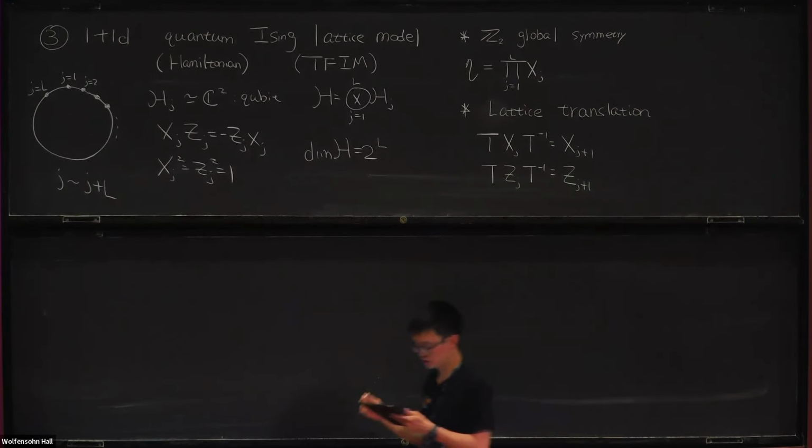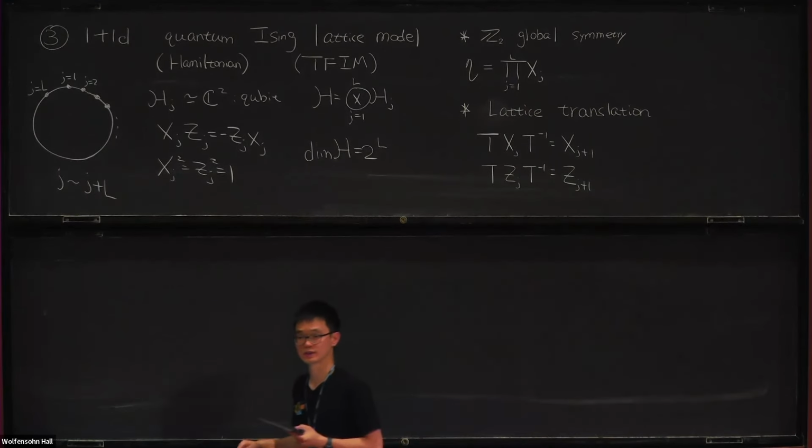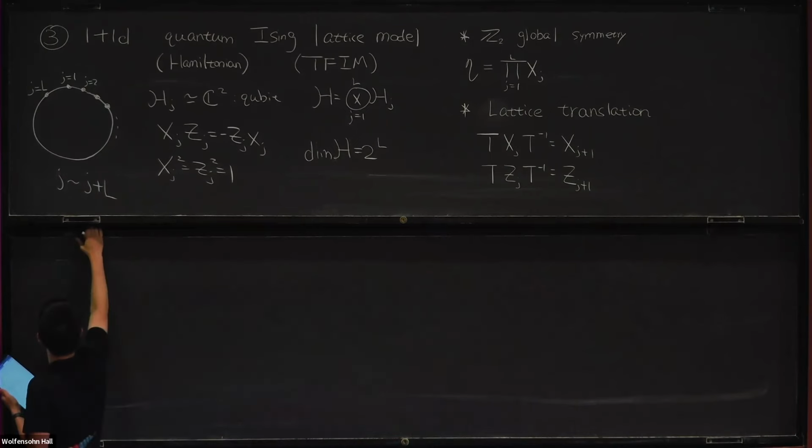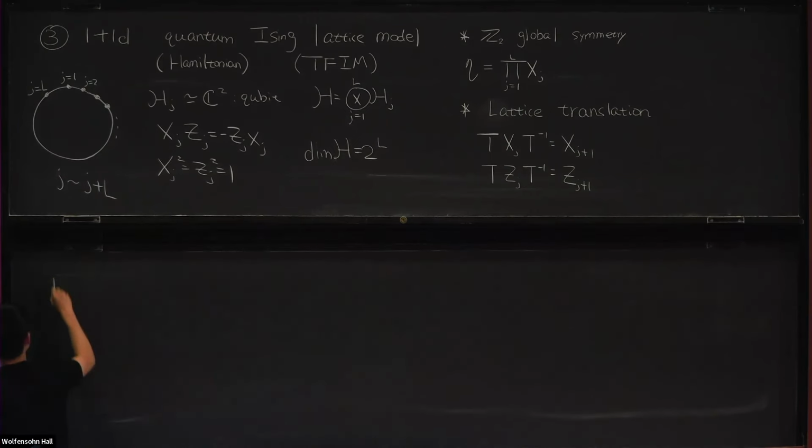So imposing these two invertible ordinary symmetries, the leading order Hamiltonian you can write down is the standard transverse field Ising Hamiltonian.